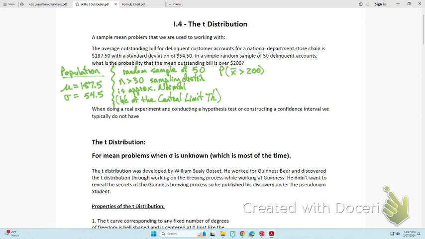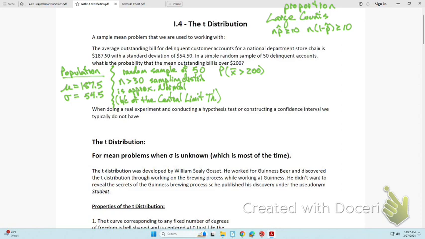In the last handout, it was a proportion problem, and that's a large counts condition. So that's this condition. If it's a hypothesis test, you leave it like that. If it's a confidence interval, you put a little hat on it.